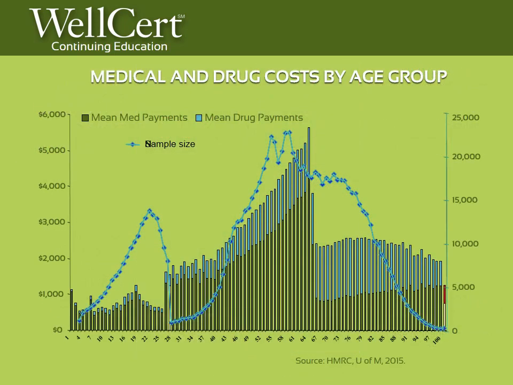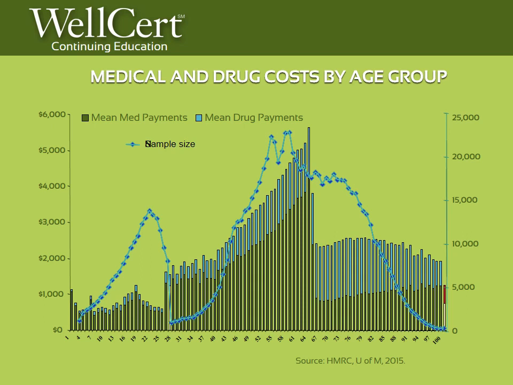Now, this particular data comes from the Health Management Research Center at the University of Michigan. It essentially shows you the age of the individual that goes across the bottom. So if we have people from the age of less than 1 to 100 years in age, if you look all the way along that, what you end up seeing here is data that's been combined from a large number of samples.